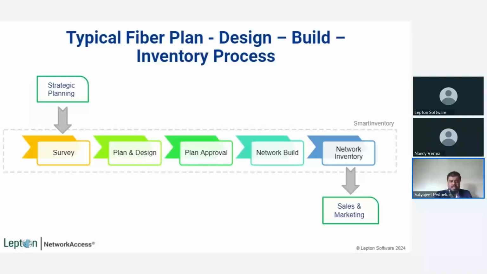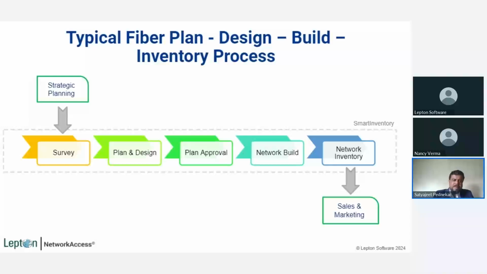Once the survey is done, it moves to plan and design. There could be some iteration between the survey and the plan design process to create the final design plan. Then it goes to approval. Then it goes to the network build, where the actual network gets built on the field. And then finally the network inventory, which becomes the single point of truth for any organization about their fiber network.